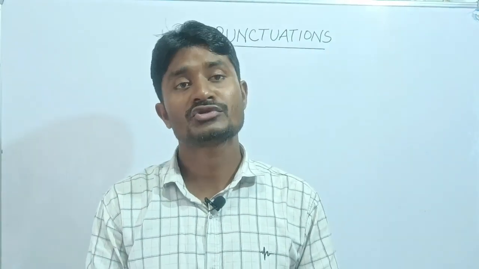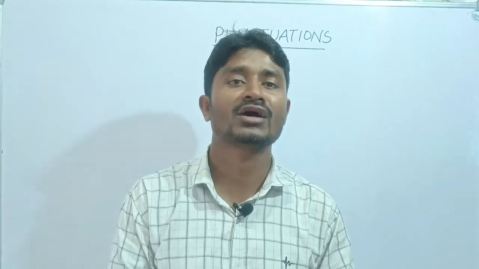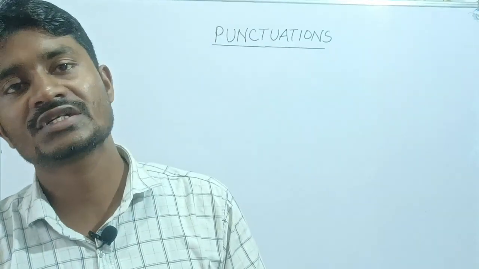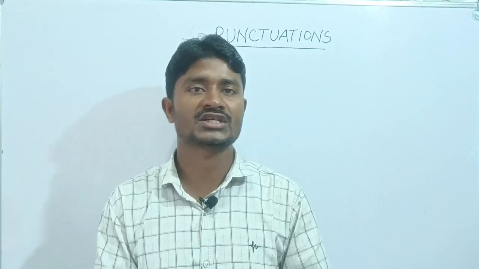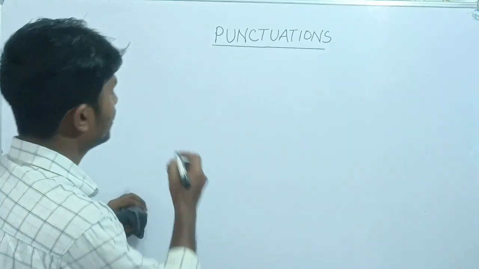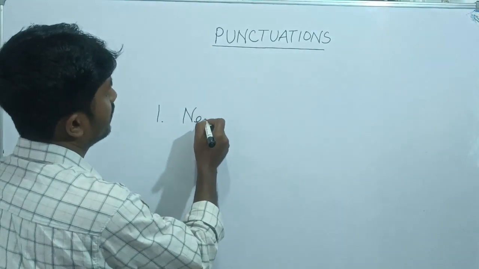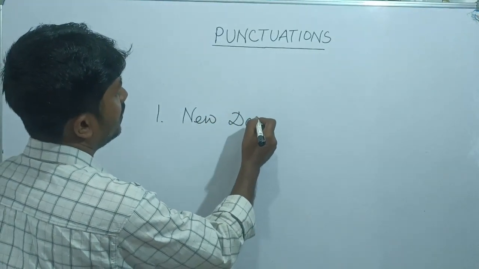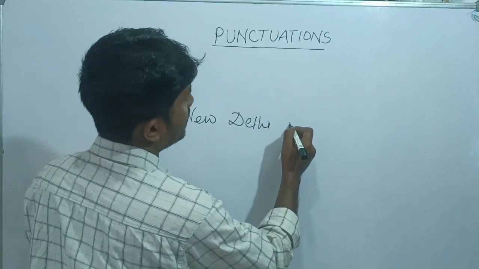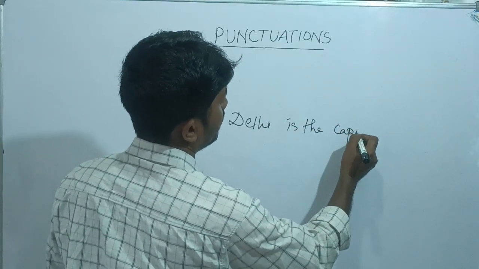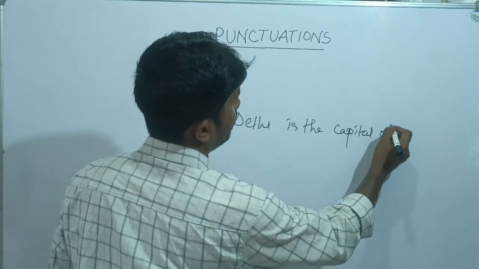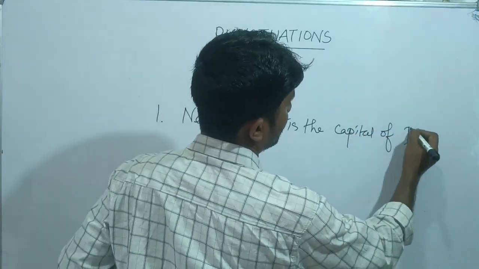One thing we should remember, that all proper nouns begin with capital letters even if they are in the middle of the sentence. For example, New Delhi is the capital of India.